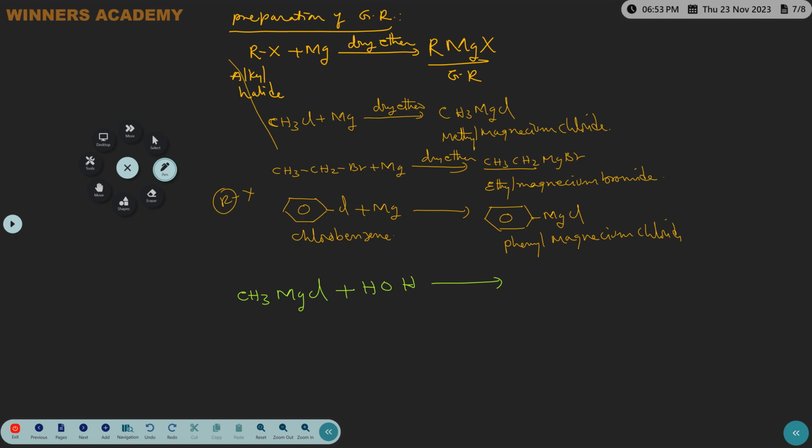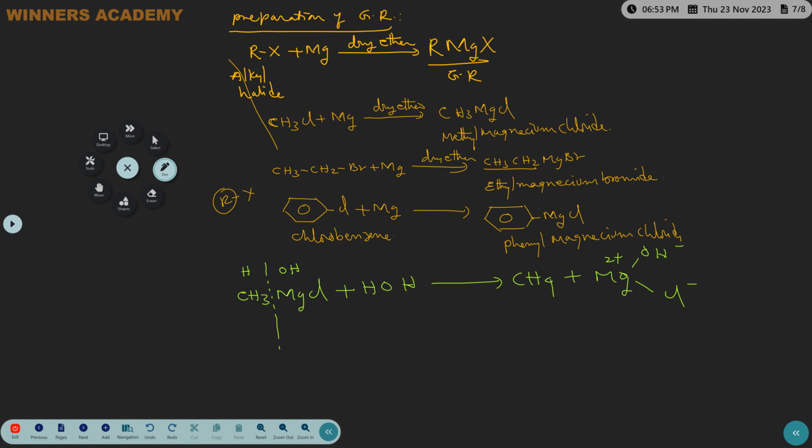See here, it breaks down here, Grignard reagent, and H added here, OH added here. As a result, it becomes CH4 and MgOHCl, because magnesium charge is 2 plus, OH minus, Cl minus. 2 negative charges, 2 positive charges here.